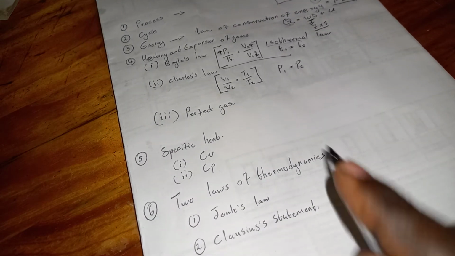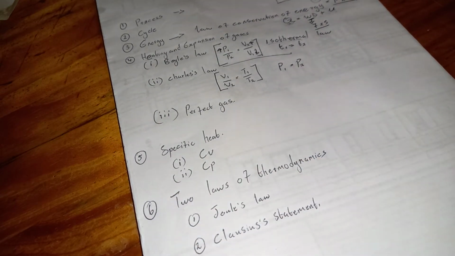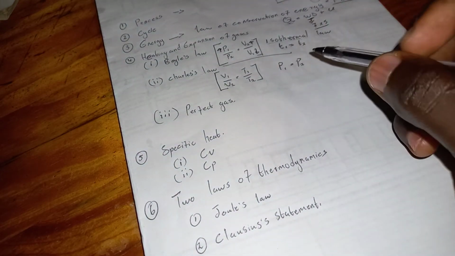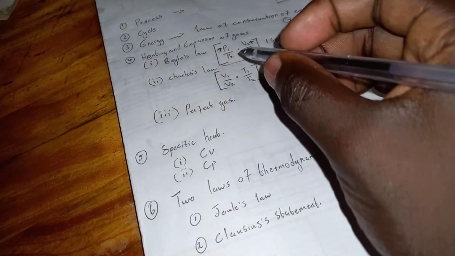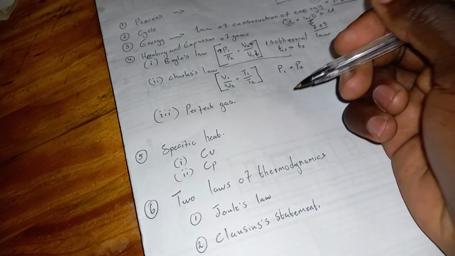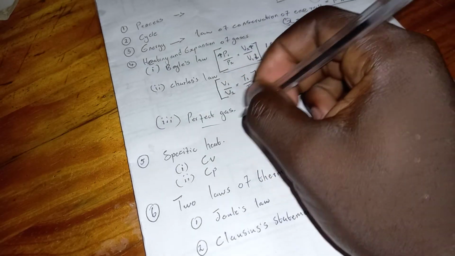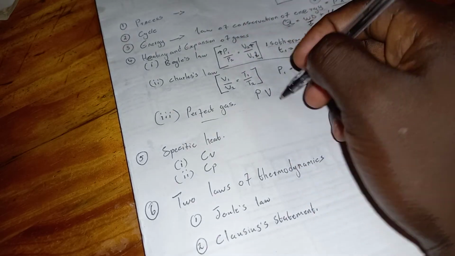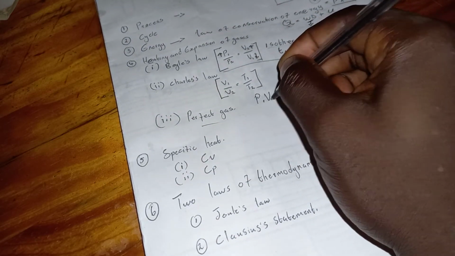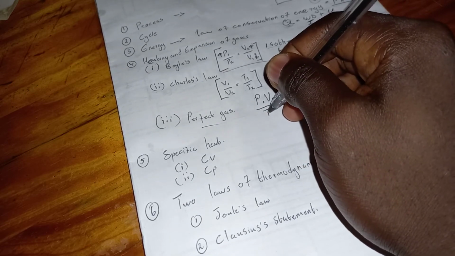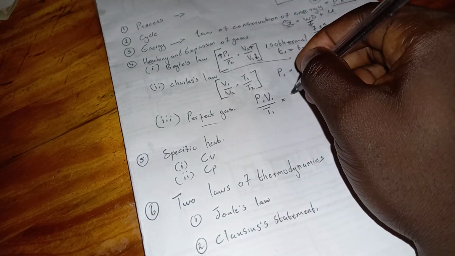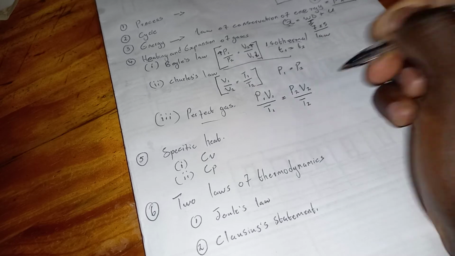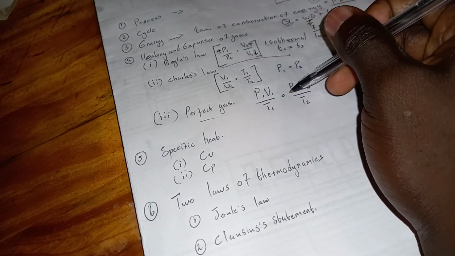And then when you're moving to the perfect gas, in this case neither the volume nor the pressure is constant. So for a perfect gas, we are talking about the combination of both Boyle's law and Charles's law. So P1 V1 over T1 is equal to P2 V2 over T2, right?